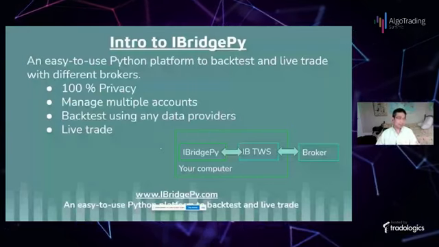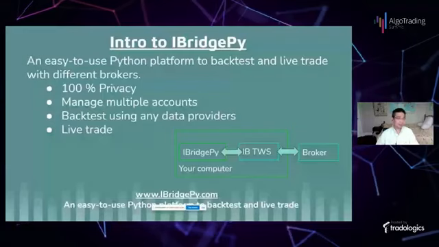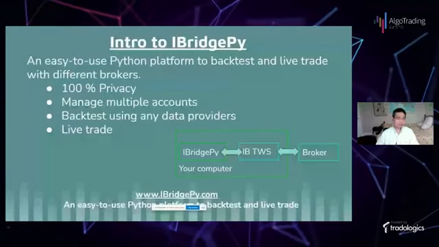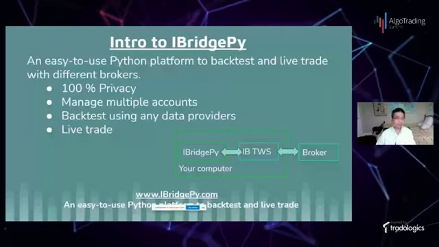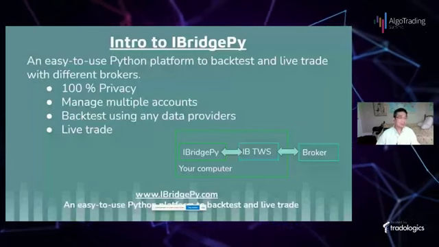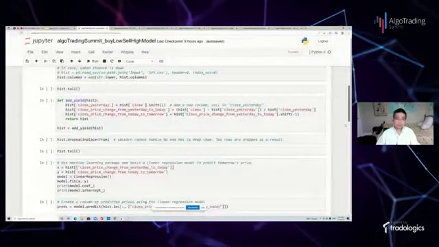Anyway, it's 100% privacy. IBridgePy can manage multiple accounts at the same time. Also, it can backtest using any data provider and live trade. Just a very brief introduction. After this, let me switch to the Jupyter Notebook to give you a real-time demo.